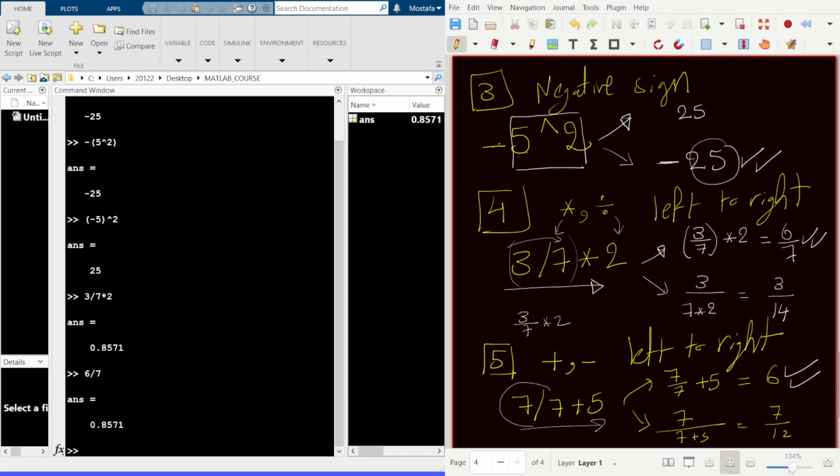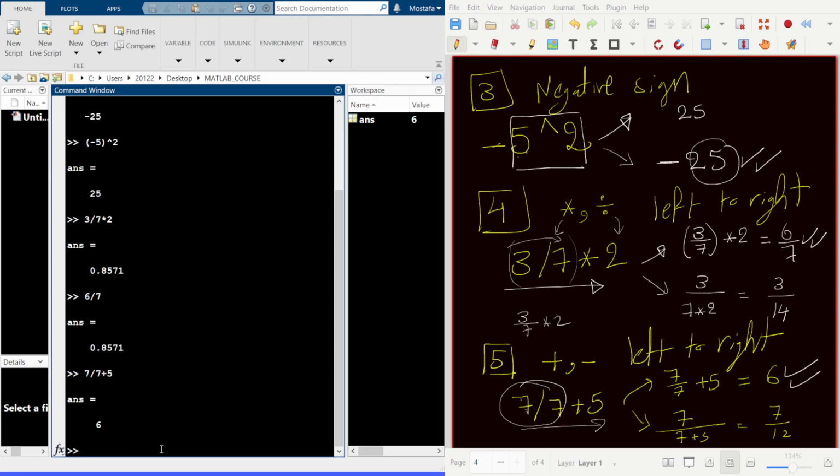So obviously 7 divided by 7 will be calculated first, and then you add 5 to it. So let's actually test this here. 7 divided by 7 plus 5, and that gives you 6. Again, if you want to break this order of priority, you can always use parentheses to calculate 7 plus 5 first, and that gives you 0.5833.